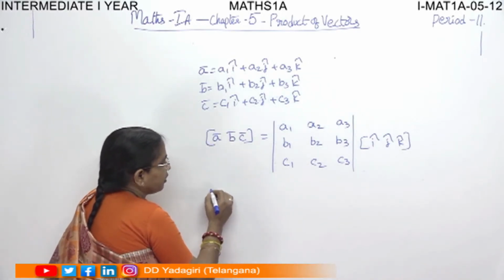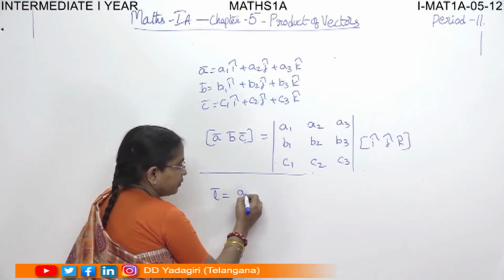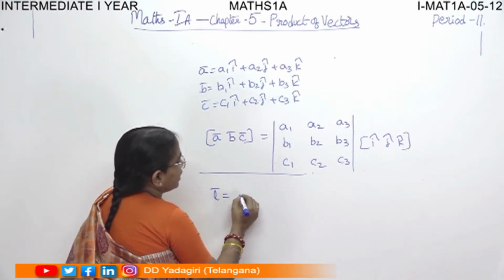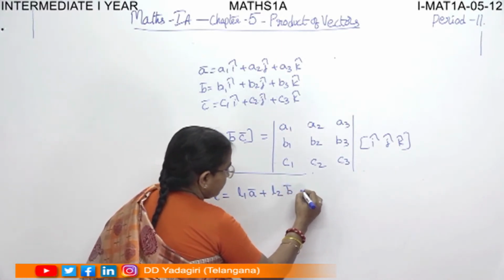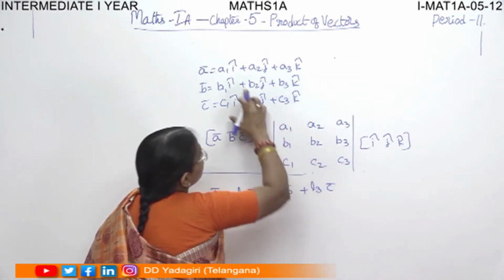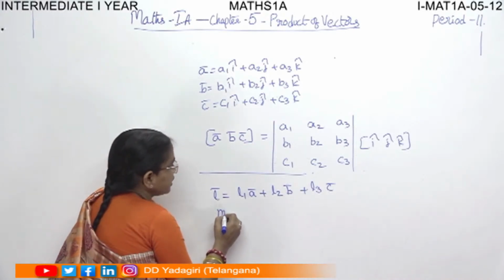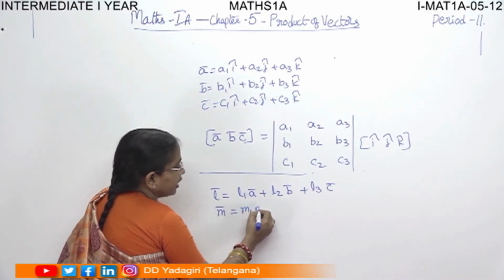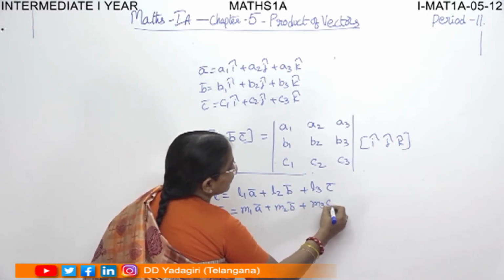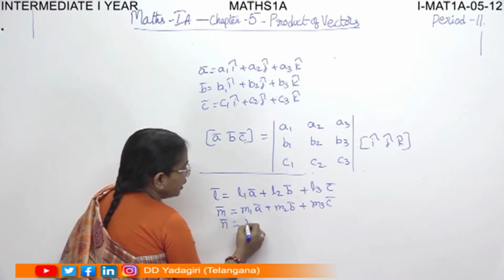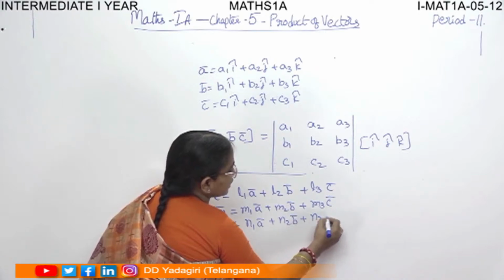Now suppose that you have another 3 vectors like this. Suppose L is equal to L1A plus L2B plus L3C. Instead of ijk, it is in terms of some other 3 vectors. Suppose M is M1A plus M2B plus M3C, and then N is equal to N1A plus N2B plus N3C.